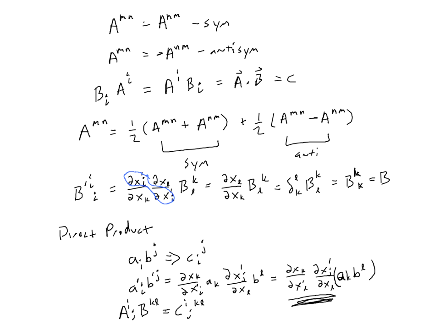Okay. All right, so next up, let's talk about pseudotensors. Now, a pseudotensor is essentially kind of like a tensor, but it doesn't transform exactly like a tensor.